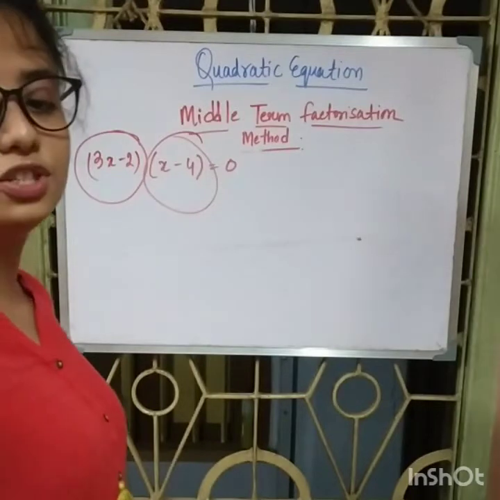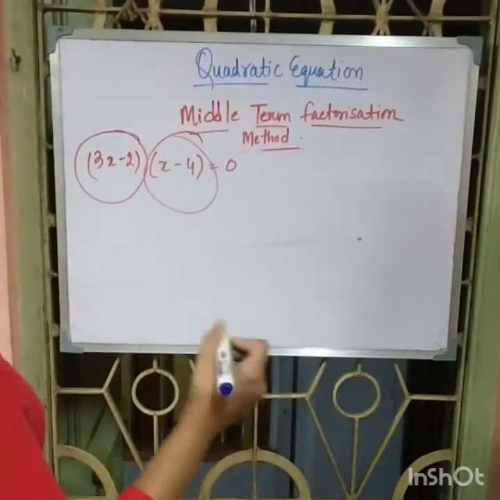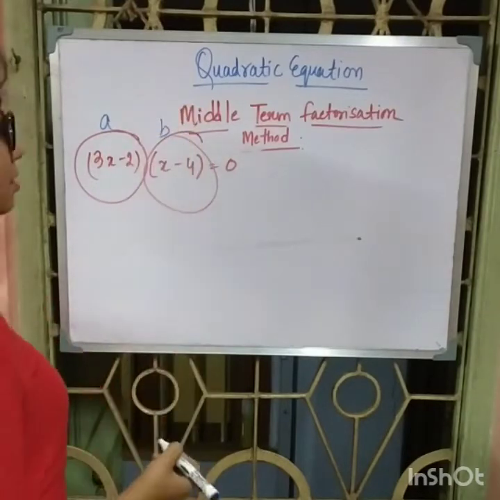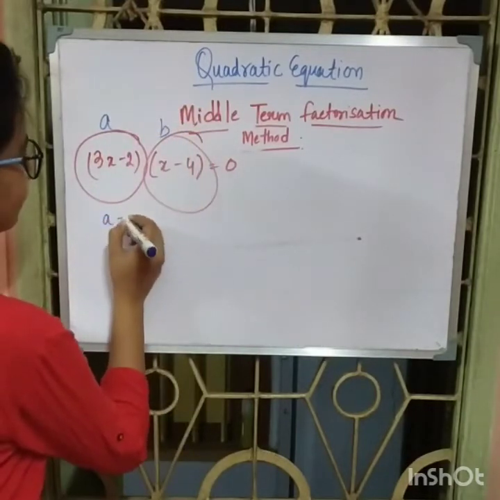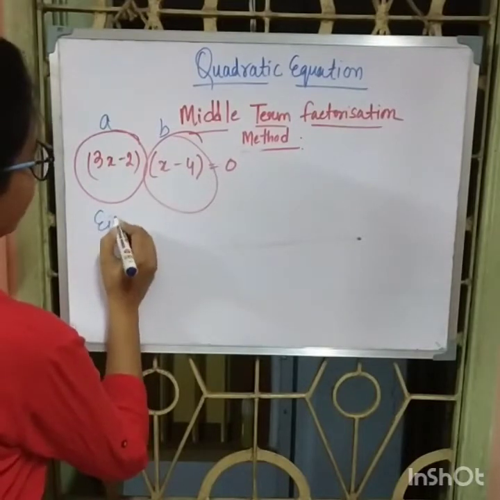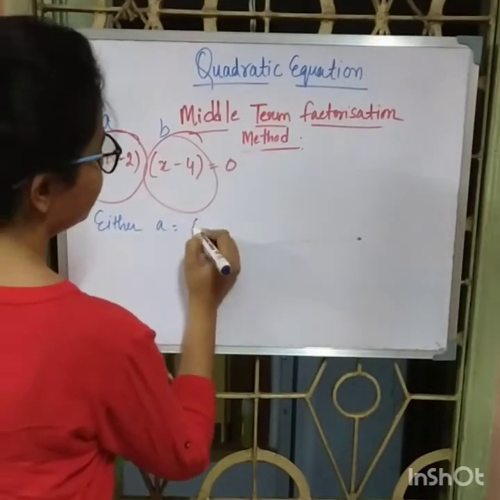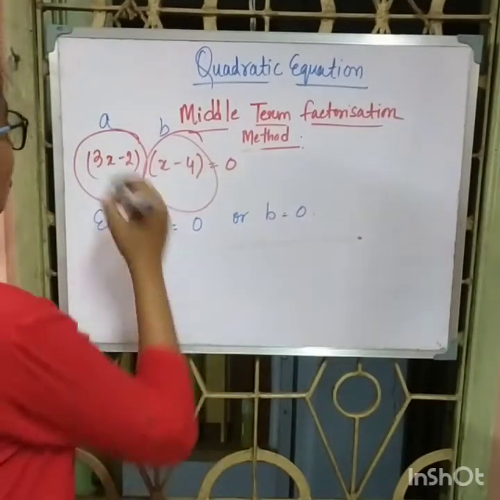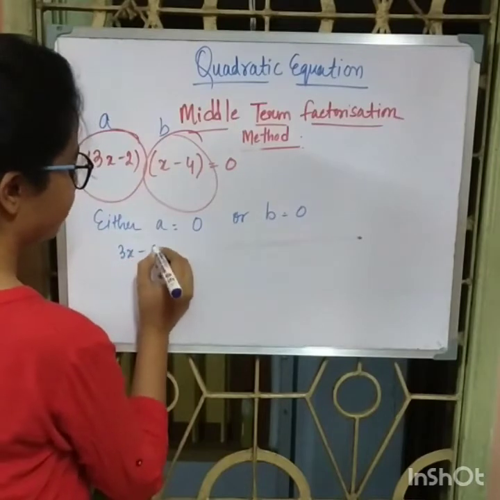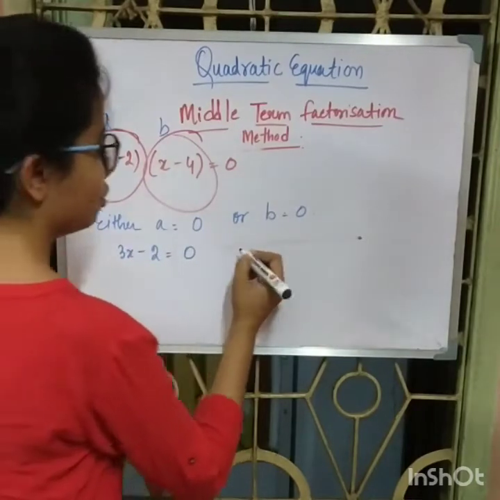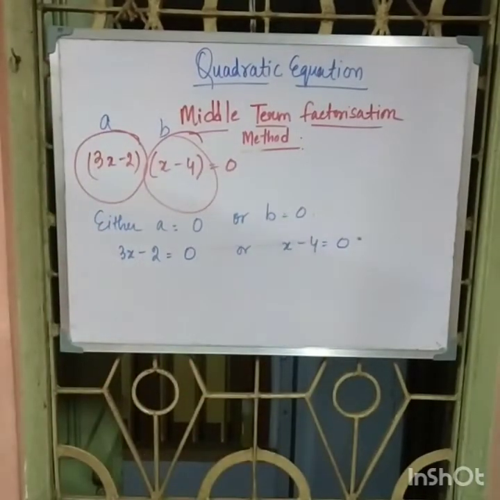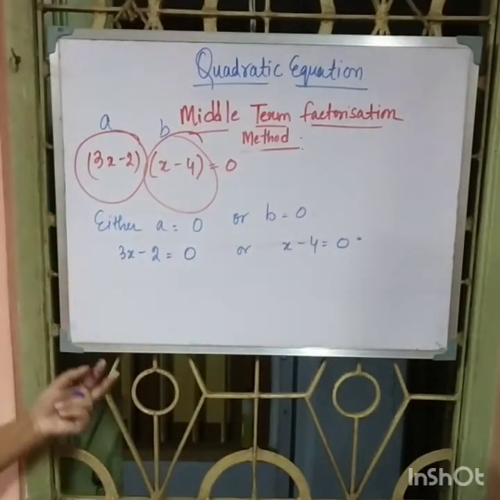So according to the zero product rule, if we consider this as A and this as B, then we can write either A is equal to 0 or B is equal to 0. Right? What is A here? 3x minus 2 is equal to 0, or we can write x minus 4 is equal to 0. Right? I hope everybody can see clearly. So we can write this.